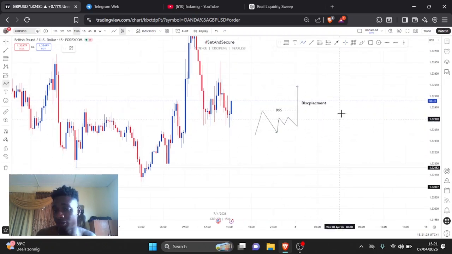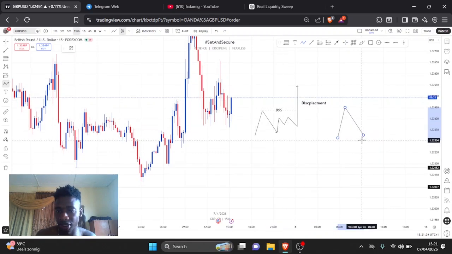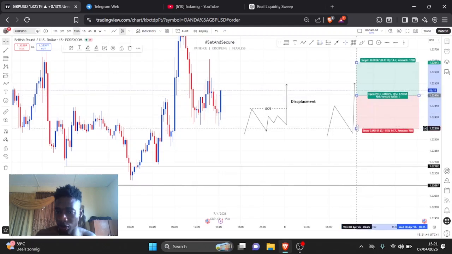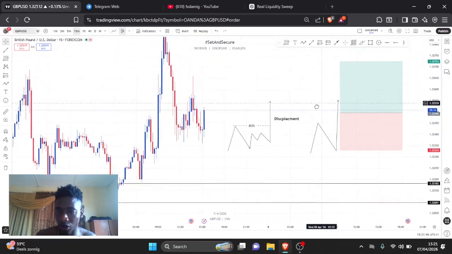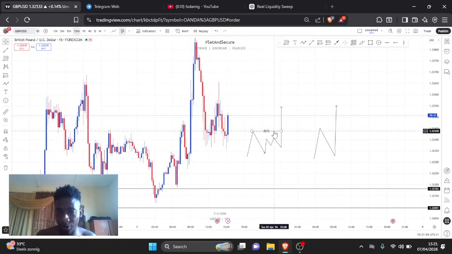It's an aggressive move in a certain direction. For example, instead of the market doing something like this, the market just moves aggressively to the upside. What do you want to do? We want to enter immediately, put our stop loss below, and target our 2 ratio or 3 ratio. I'm going to explain that in a bit.